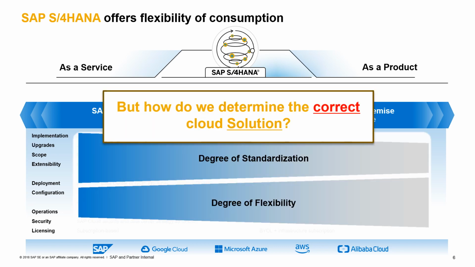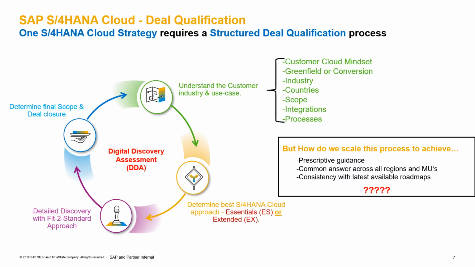So when we take a look at SAP S4HANA Cloud in particular, as a service, how do we really determine the correct cloud solution that we have on offer? Let's go into this in a little bit more detail. Beginning in 2020, there'll be an additional step in your sales cycles.